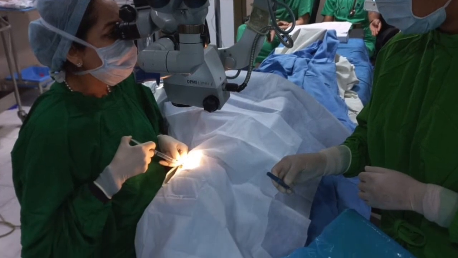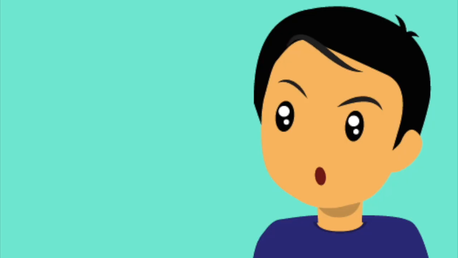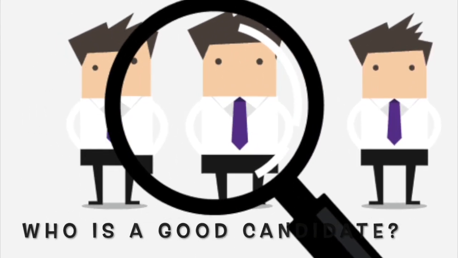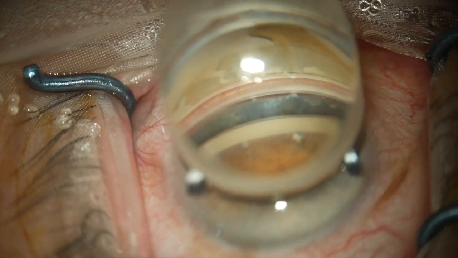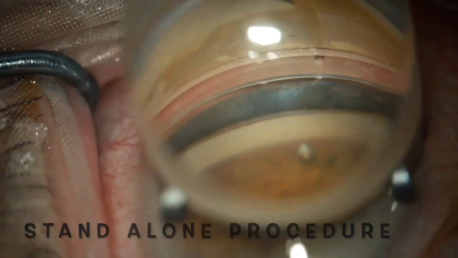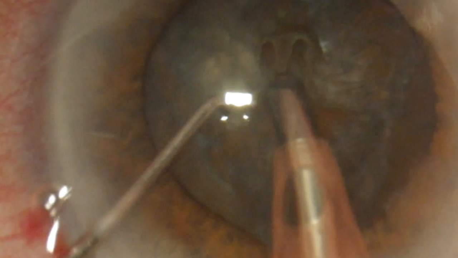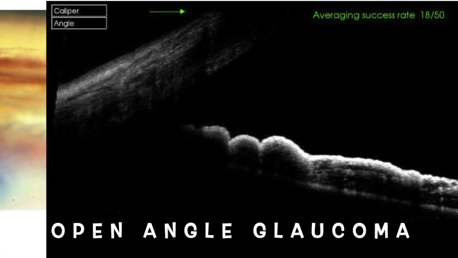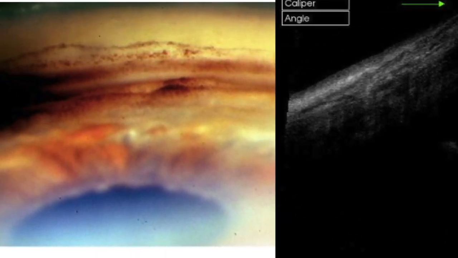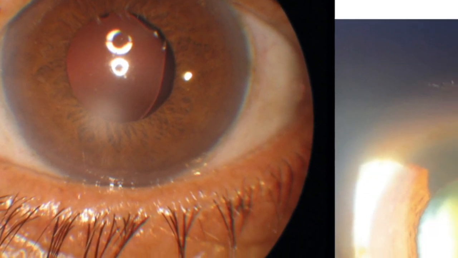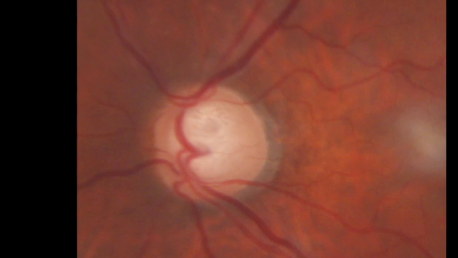When you're just about beginning trabectome surgeries, you want to select good candidates to ensure uneventful surgeries and good results that will keep you motivated. Trabectome surgery can be done either as a standalone procedure or in conjunction with cataract surgery. So, you're going to be looking for a patient with open-angle glaucoma who can be pseudophakic, phakic, or have a visually significant cataract.